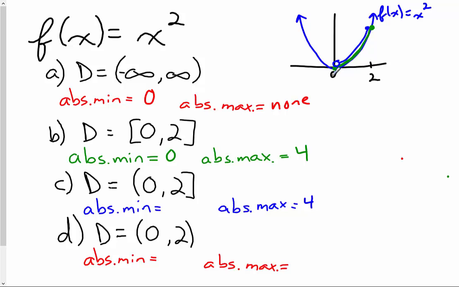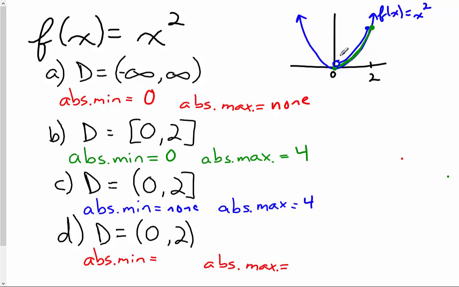But now at 0, I never actually reach that vertex down there where x is 0. And I can always get closer to it. And each time I get closer to it, my y value goes lower, but I never reach it. So there really is no absolute minimum because even though I'm approaching the 0 for an absolute minimum, I never reach it.